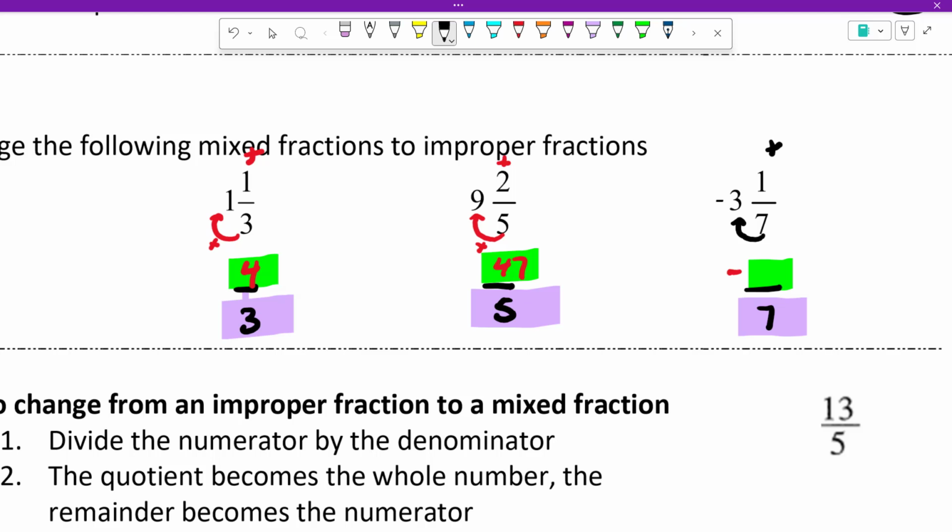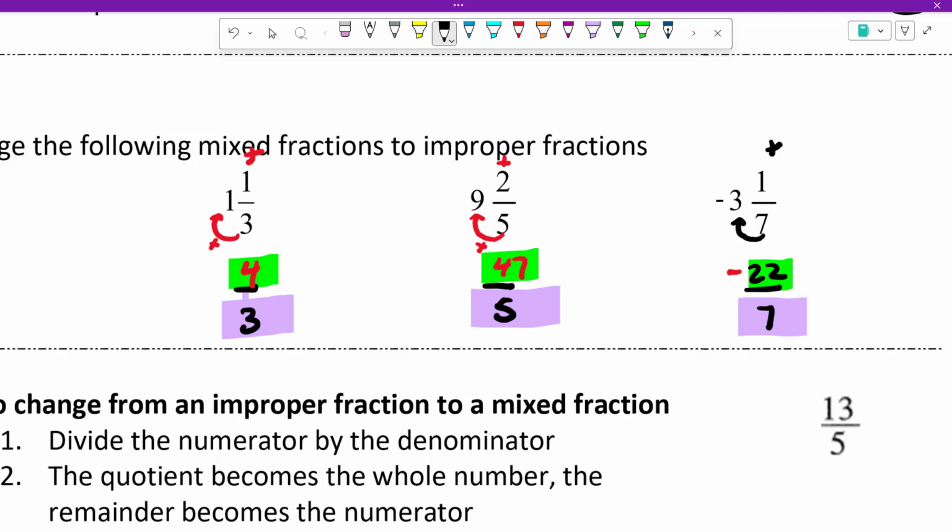Plus 1 gives us 22. And we also have the negative sign out front. Negative 22 over 7. So most people will go 7 times negative 3, which gives negative 21, and they'll add the 1 and say negative 20. Does that make sense? Do you guys remember?